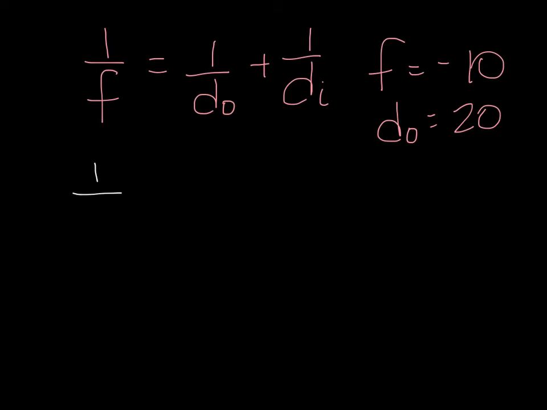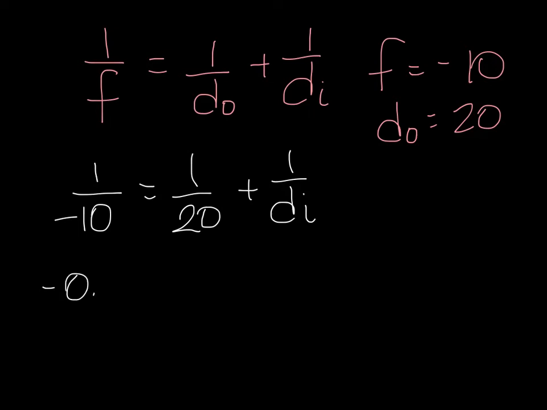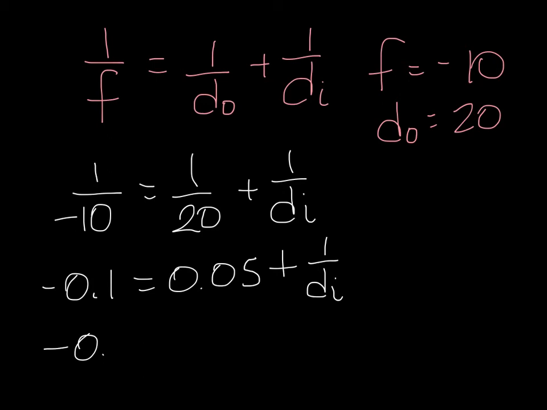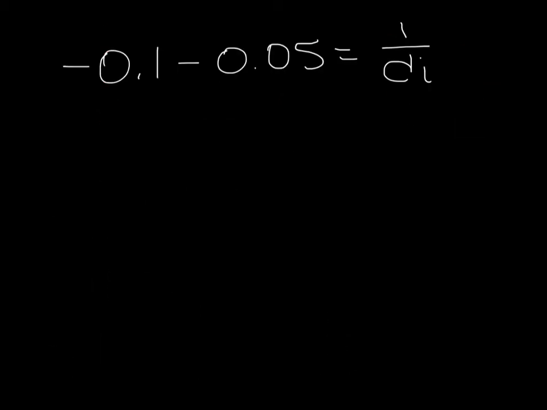So we get 1 over -10 has to equal 1 over 20 plus 1 over DI. Negative 0.1 has to equal 0.05 plus 1 over DI. So negative 0.1 minus 0.05 has to equal 1 over DI.